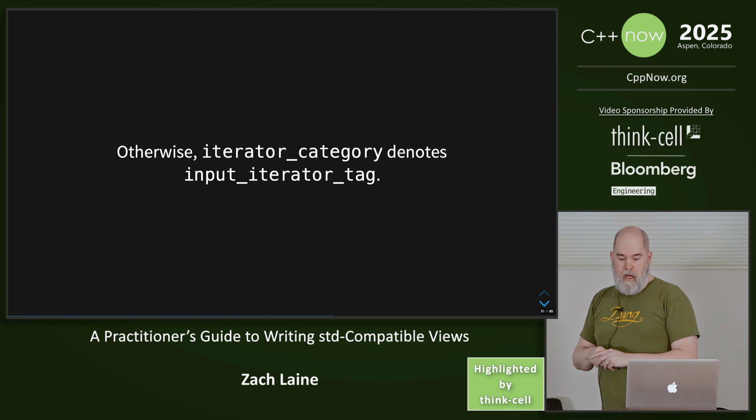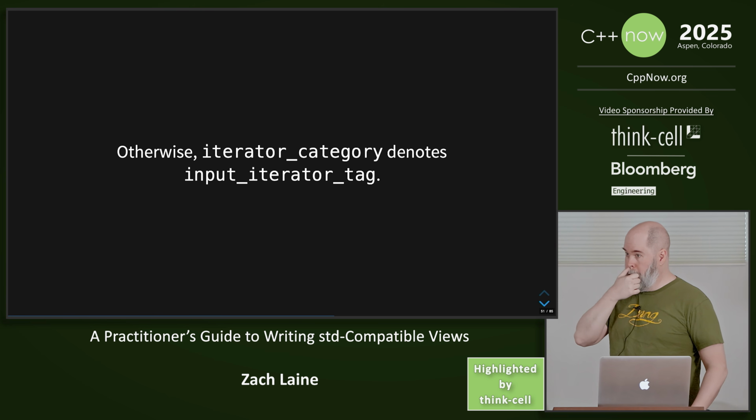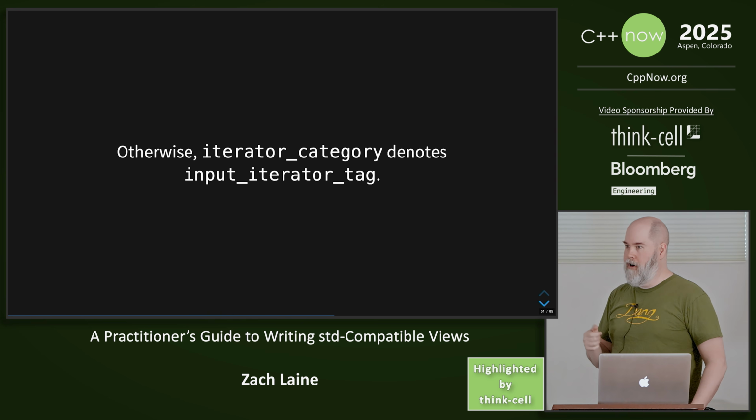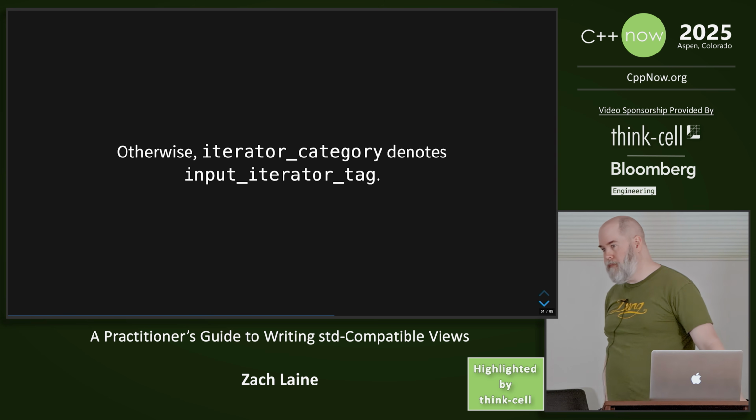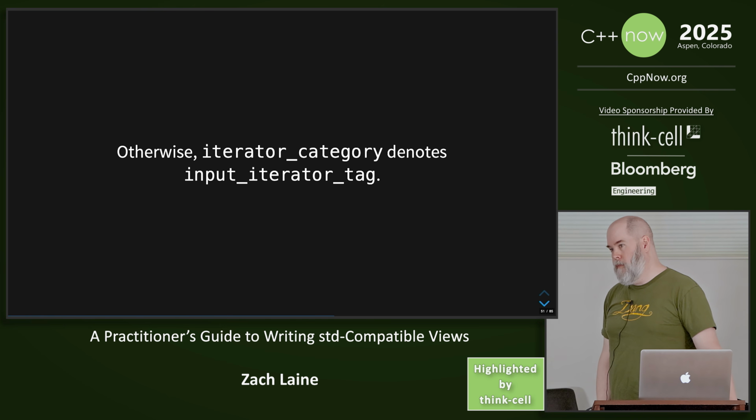Yeah, I think I know why we do that funky thing. My theory is that this is a special case only when we don't return a reference, and then we downgrade it to input iterator. When the iterator concept would be input iterator tag to begin with, then we don't need to treat iterator category special in any way.